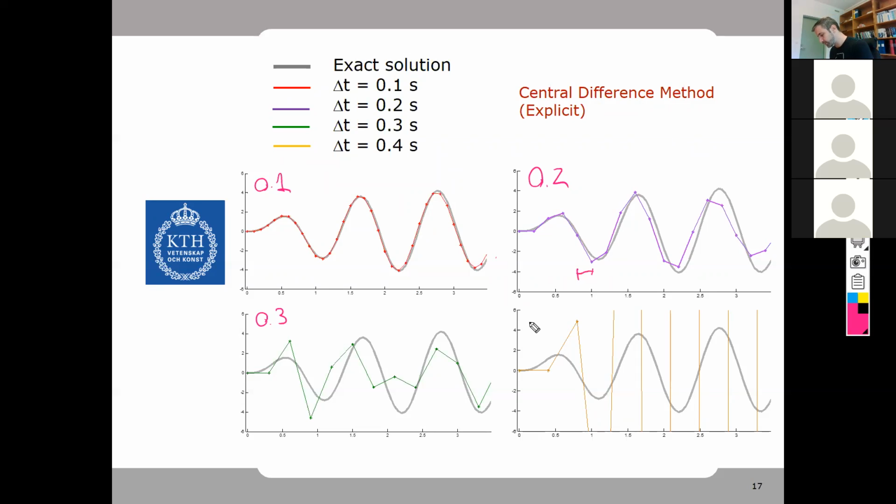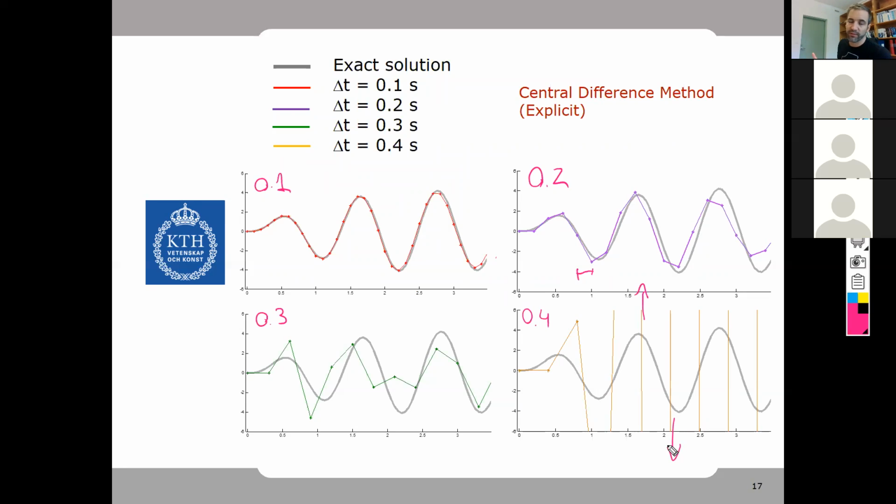And finally, we have the results for 0.4. And here you can see what I was talking about, that the results for a delta t that is sufficiently large, if we are using an explicit method, will be absurd. This curve is out of boundary. Of course, this continues up there and down here.